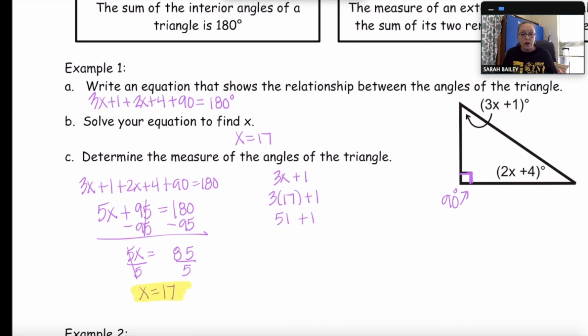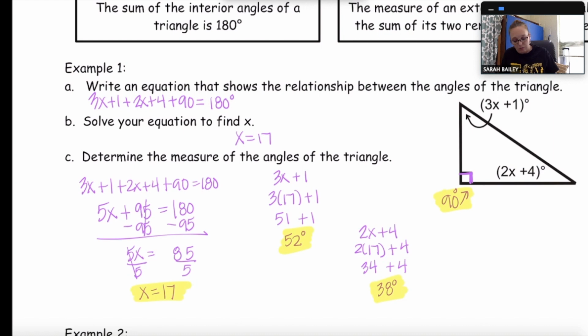And then my third angle is represented by the expression 2x plus 4. So I'm going to do 2 times 17 plus 4. Well, 2 times 17 is 34, and 34 plus 4 is 38. So the three angles in the triangle are 52, 38, and 90 degrees.